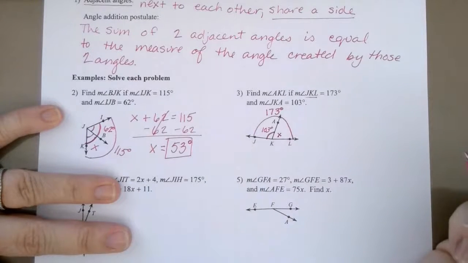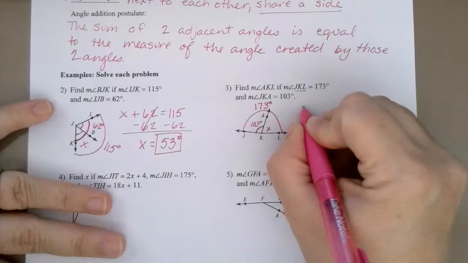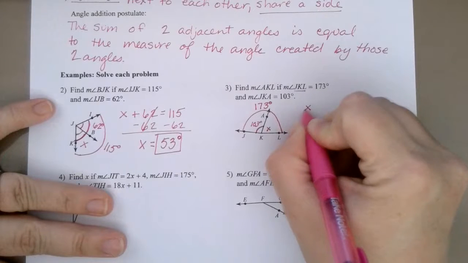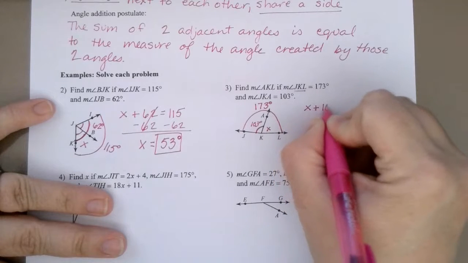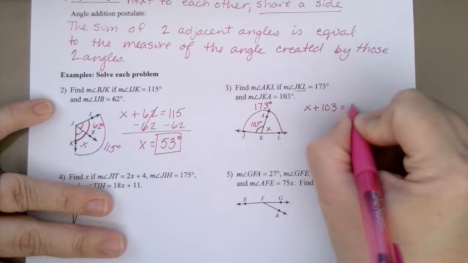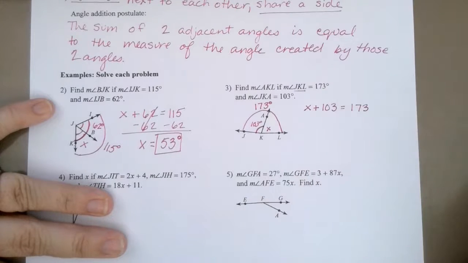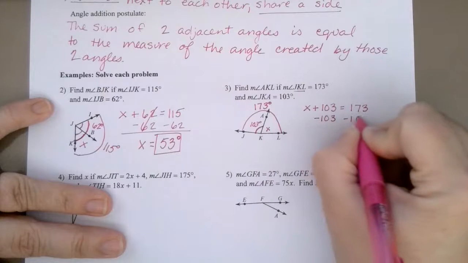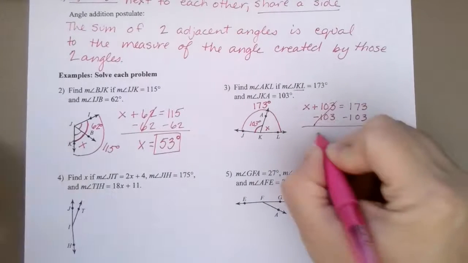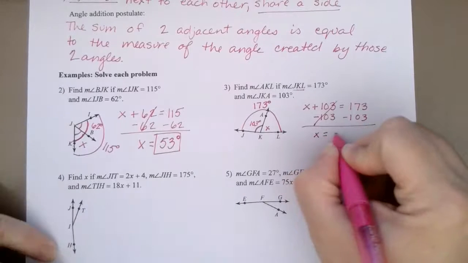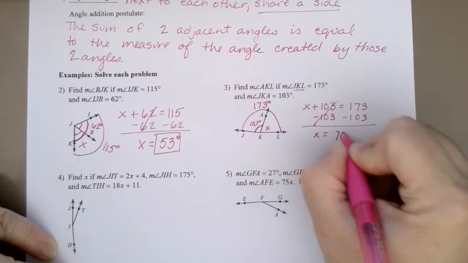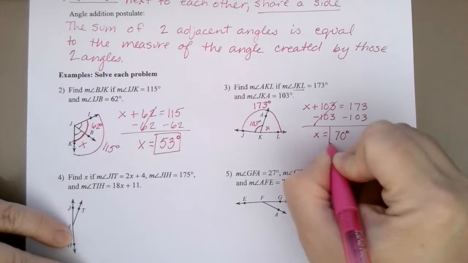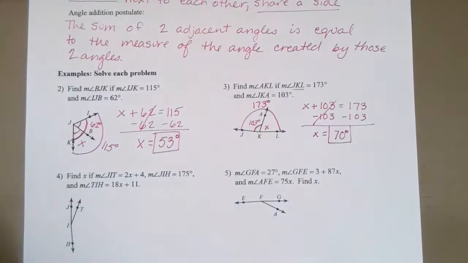That one, so I'm going to call it X. So what would my equation be? X plus 103 equals 173. How do I solve it? Subtract 103. And what does X equal? 70 what? Degrees. Do expect to see that degree symbol when we're talking about the measure of an angle.